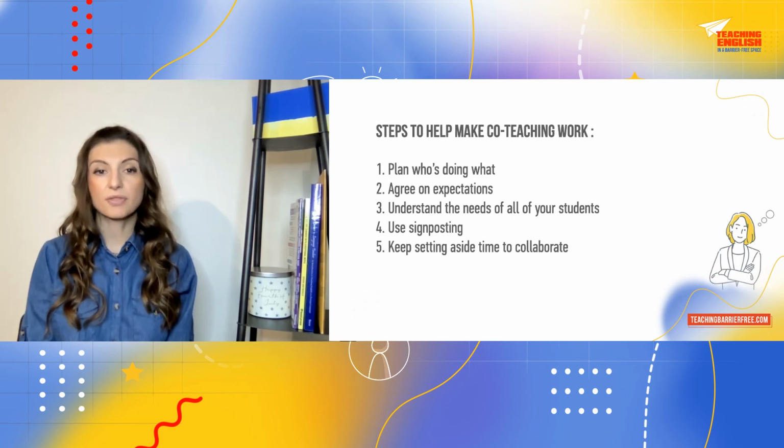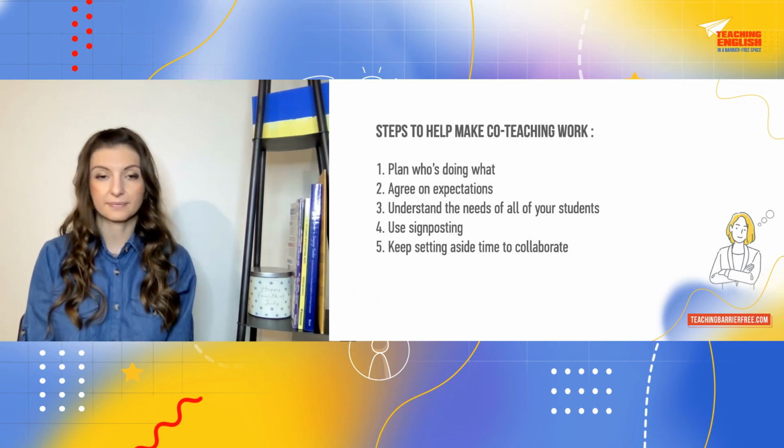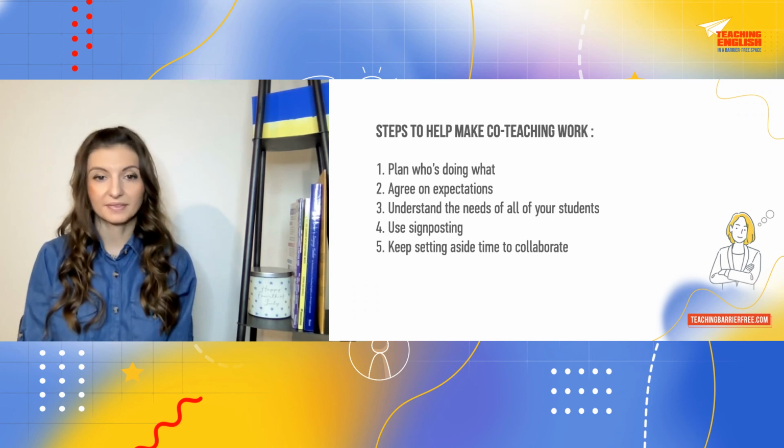It's critical that both you and your co-teacher understand the needs of all of your students, including those who learn and think differently. Another idea is use signposting. Making sure both of your names appear on the door, on assignments, and in the classroom can also help your students see you as the team you are.